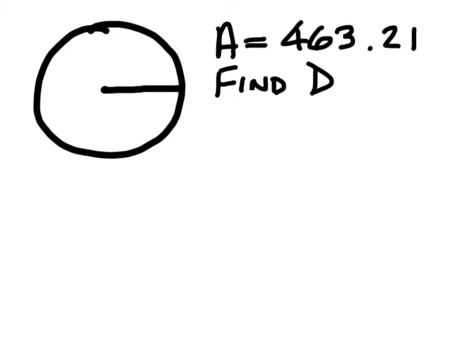So now we know the area is 463.21, and we have to find the diameter. The formula for area is pi r squared. We know the area. It's given to us as 463.21.